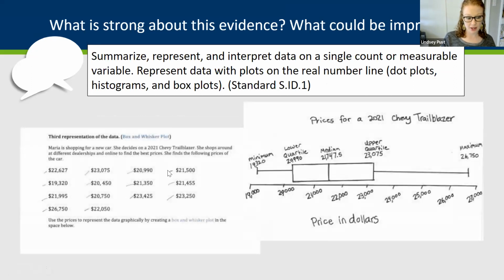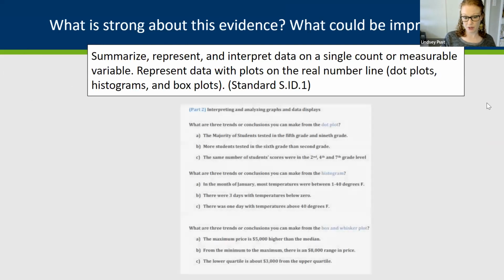And then here is another set of data, and the student is supposed to create a box and whisker plot, and here is the student work. This was another piece, still the student work, part 2, interpreting and analyzing graphs. So some trends and conclusions for the dot plot, some trends and conclusions for the histogram, and the trends and conclusions for the box and whisker plot.